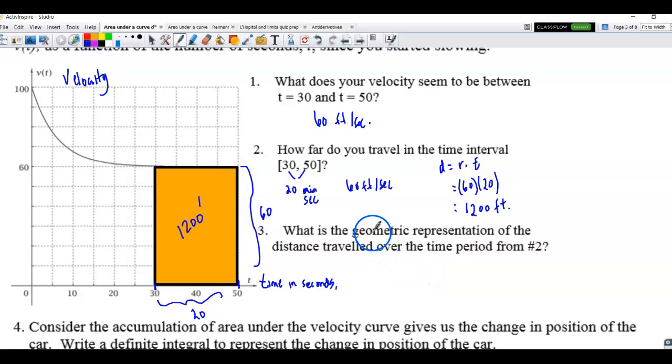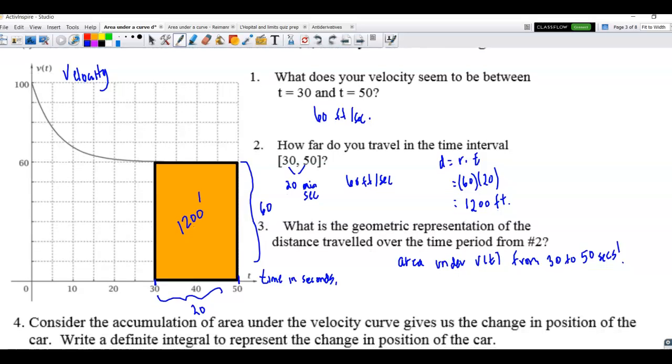So the geometric representation of the distance traveled over the time period from number 2 is the area under v of t from 30 to 50 seconds. In this case, it happens to be a perfect rectangle, but not all of our figures will always have beautiful, nicely shaped polygon regions.